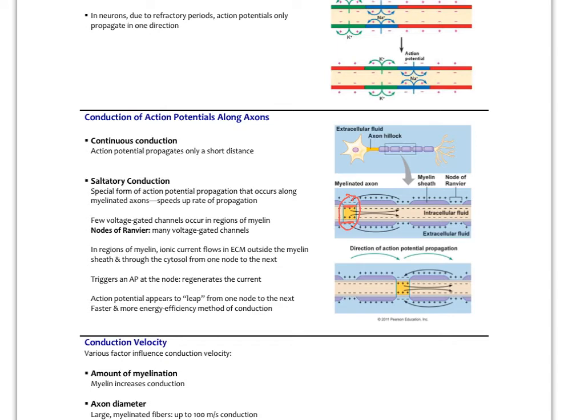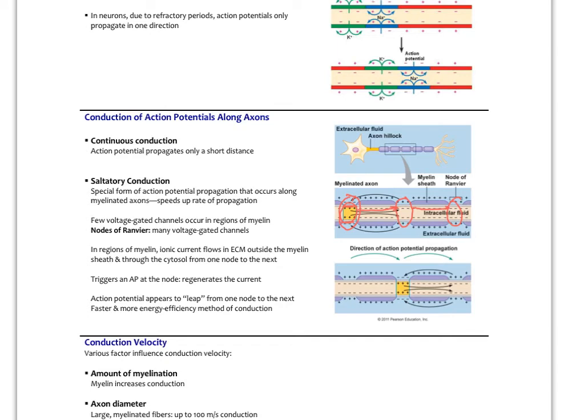And so the action potential starts at a node of Ranvier, and then it propagates underneath the myelin on the inside of the axon, and then it's recharged again at the next node of Ranvier. So another action potential happens, propagates down, and it recharges at the node of Ranvier. So that's called saltatory conduction, and that allows for action potentials to travel down myelinated neurons a lot faster than unmyelinated neurons. So we spoke about that in the previous video.